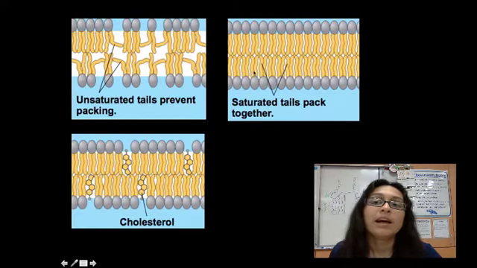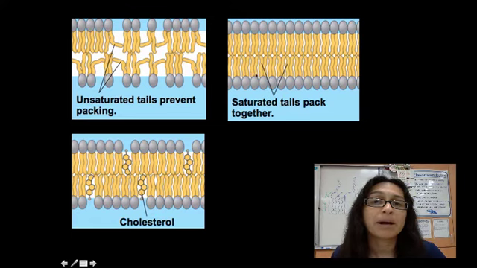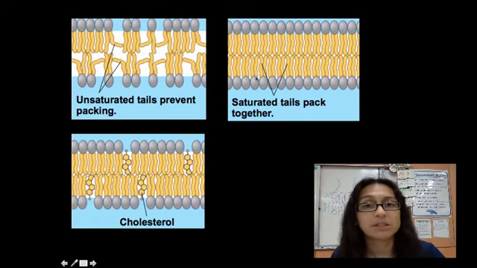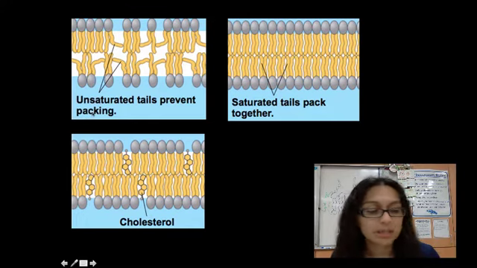All right. Now, the fluidity and permeability of the membrane is determined by many different things. And one of those things is going to be the fatty acid tails. So in order to build the cell membrane, your cells will incorporate different types of fatty acid tails, or lipids with certain types of fatty acid tails.